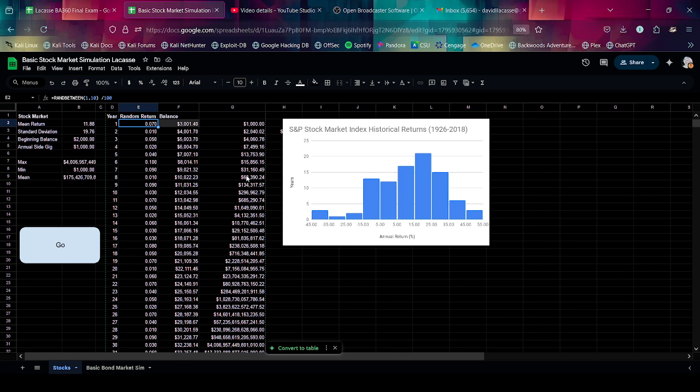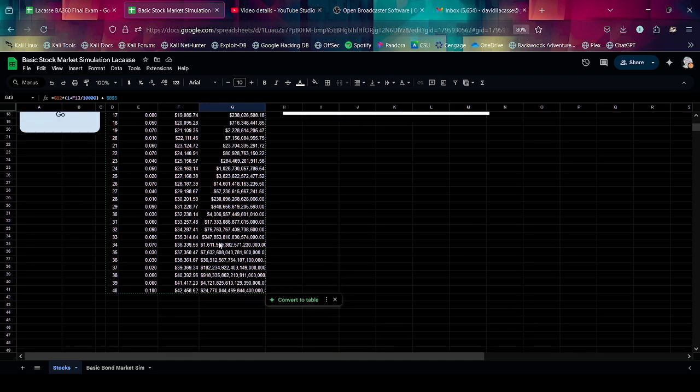I don't know why these results are so exponential. So I added two more zeros. Instead of divided by 100, I divided by 10,000, and it's not right. I don't know if that loop goes through too many times.